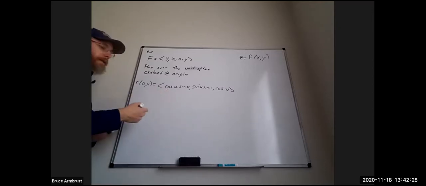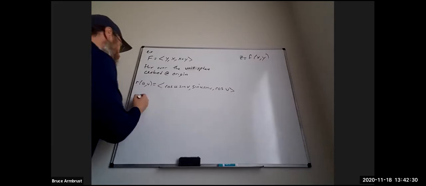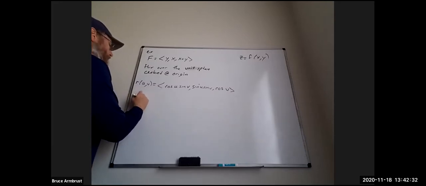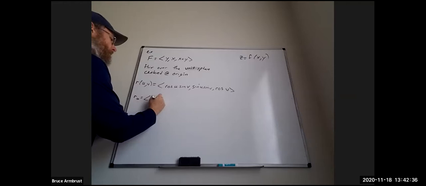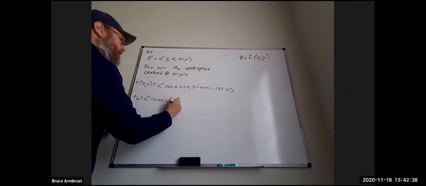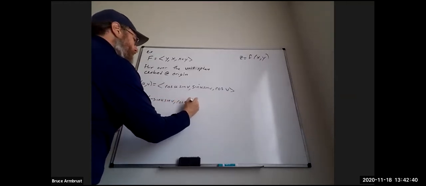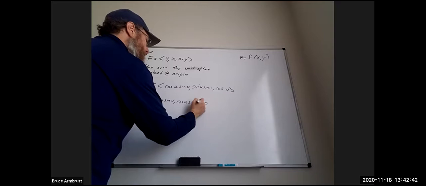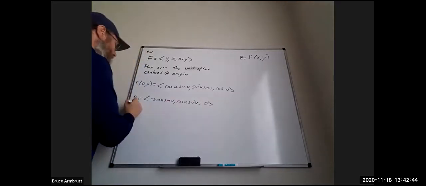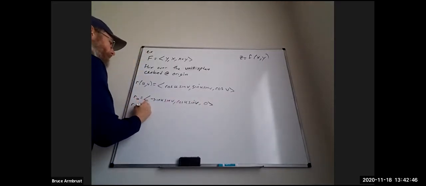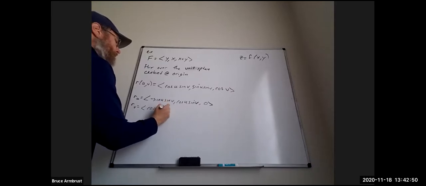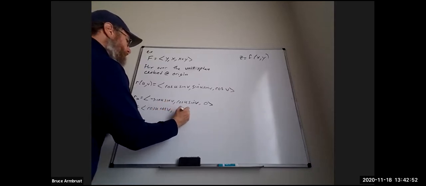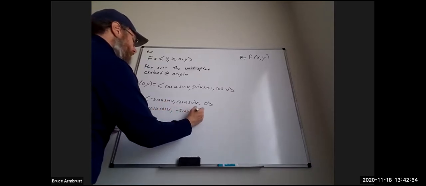So now let's get r_u and r_v and we'll cross them. So r_u is minus sine u sine v, cosine u sine v, 0. And then r_v is cosine u cosine v, minus sine u cosine v.